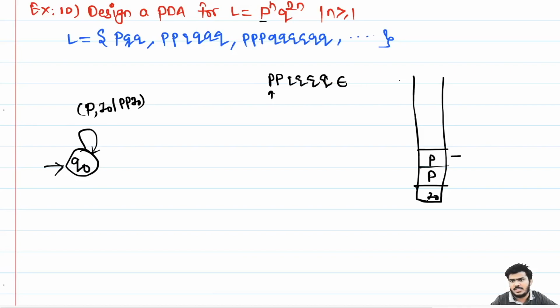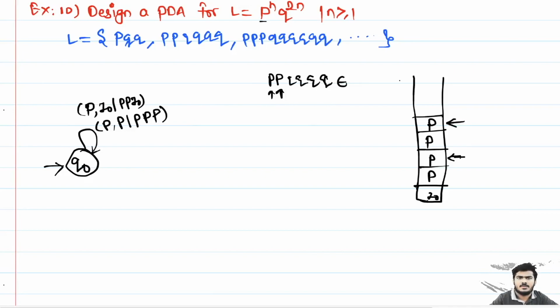I have updated the top pointer. Again the next p occurred, and for this p also I have to push two p's. So the input is p, and the top of the stack is now p, so I push two p's and this third p stays as it is. So in total 3 p's: 1, 2, 3. I have updated the top pointer.